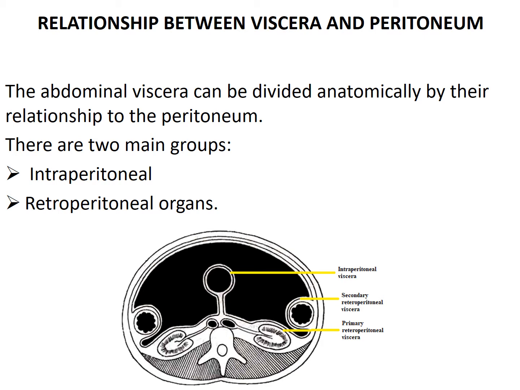Abdominal viscera, depending upon its relation with the peritoneum, is divided into mainly two groups, the intraperitoneal and retroperitoneal organs.